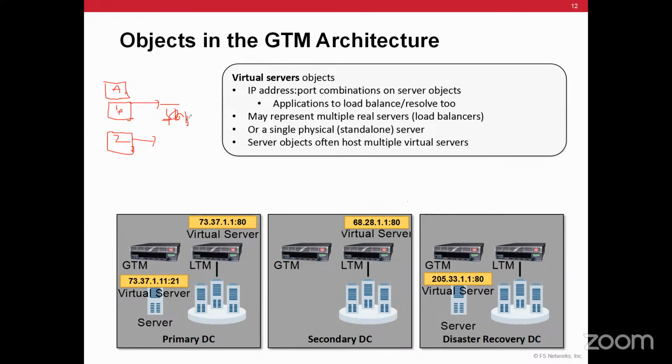It's a feature of iQuery between GTM and LTM. It knows who is the active one and which one it needs to point to for that virtual server. But in case of a normal server without LTM, it's standalone. But it doesn't mean standalone for the user. You can have multiple servers as standalone. It's just terminology. When we go through that, we will understand.